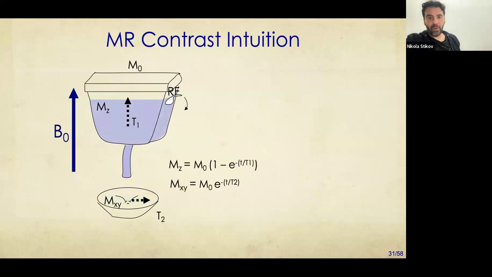And if you have very simple modeling, you can say the MZ, the longitudinal magnetization, meaning the water in the closed container, that one is recovering with a time constant T1, whereas the water from the bottom container is draining with a time constant T2. And you cannot measure MZ.